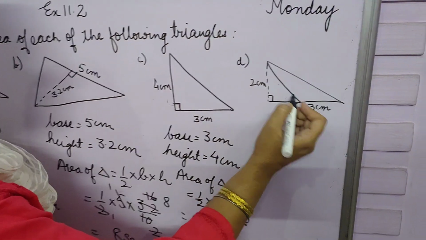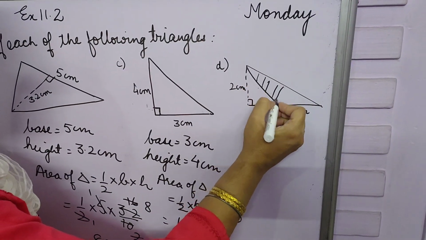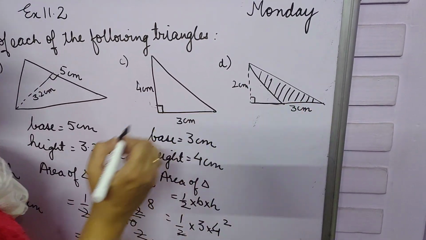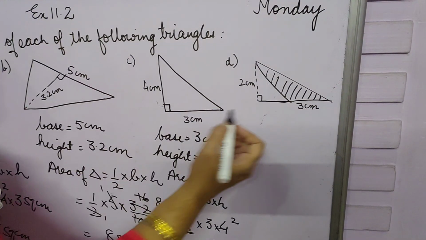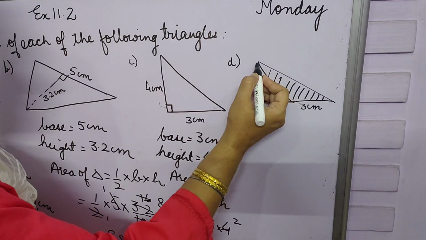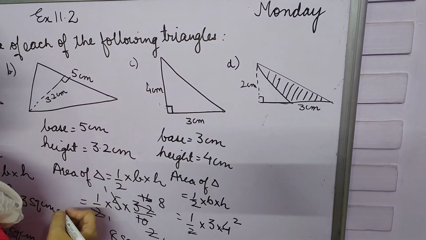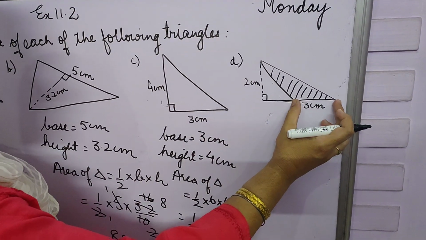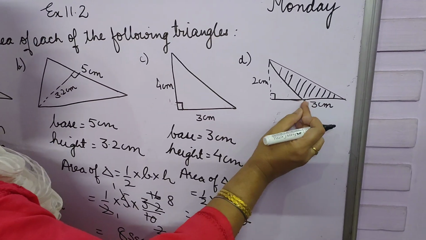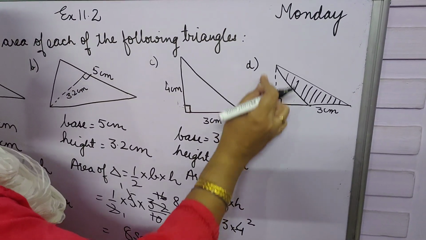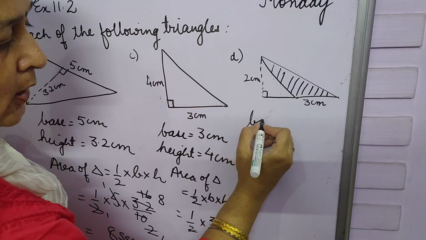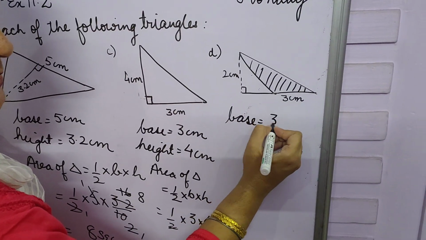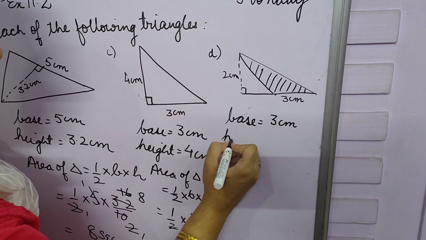Now see D part. In D part we have been given this triangle which is an obtuse angle triangle. And we have discussed this earlier also that in an obtuse angle triangle the altitude lies outside the triangle. So this will be considered as base and we'll have to extend this to draw the altitude. So this will be taken as height. Now here base is 3 centimeter.